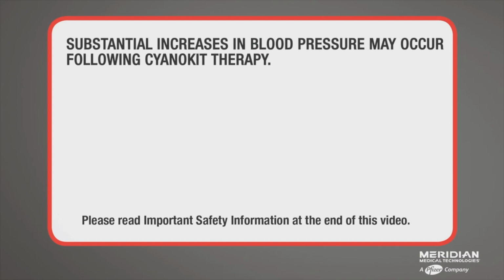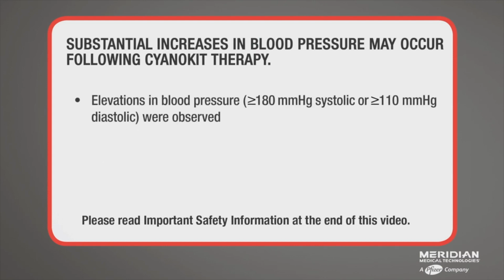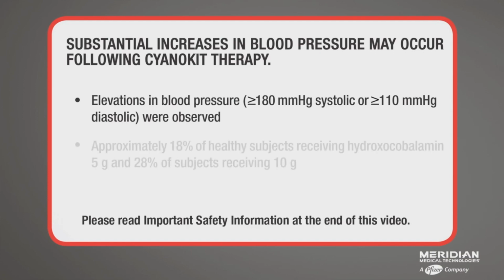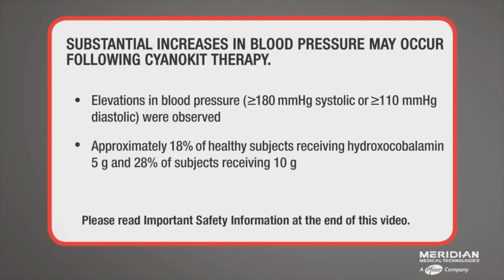Substantial increases in blood pressure may occur following Cyanokit therapy. Elevations in blood pressure, greater than or equal to 180 millimeters mercury systolic, or greater than or equal to 110 millimeters mercury diastolic, were observed in approximately 18% of healthy subjects receiving hydroxycobalamin 5 grams and 28% of subjects receiving 10 grams.